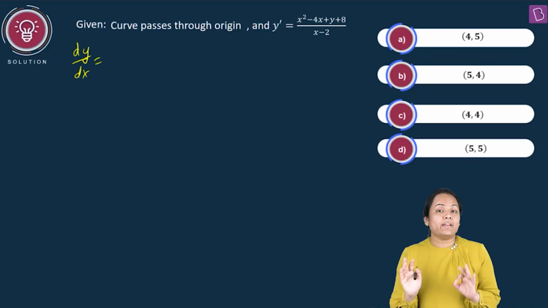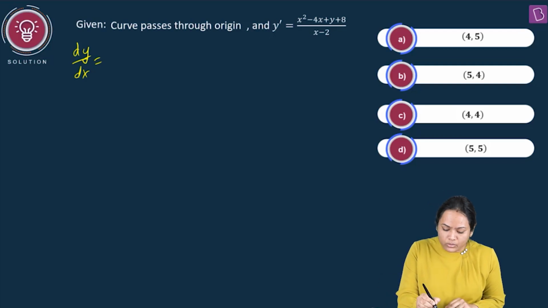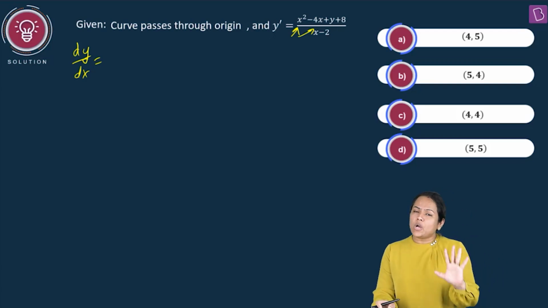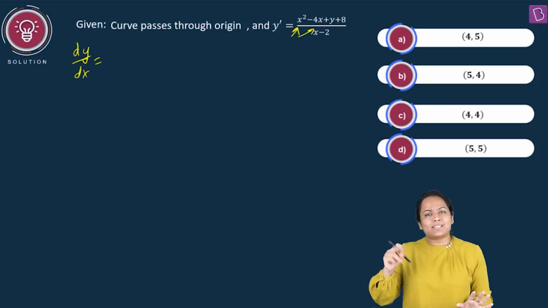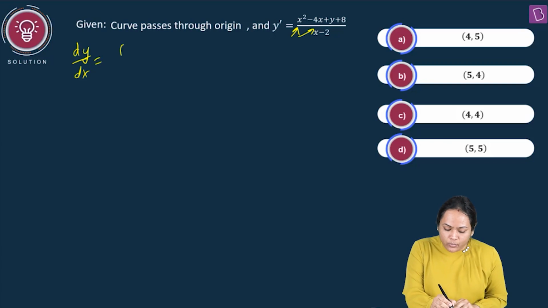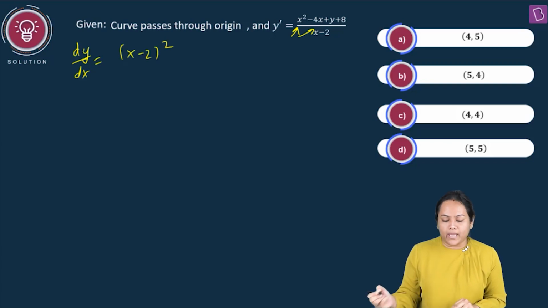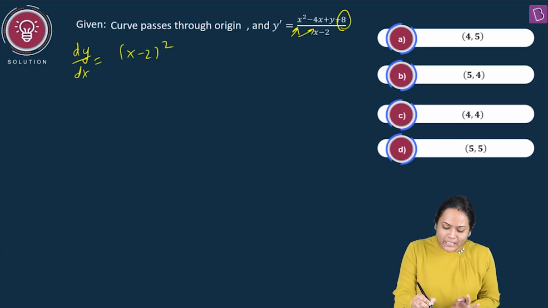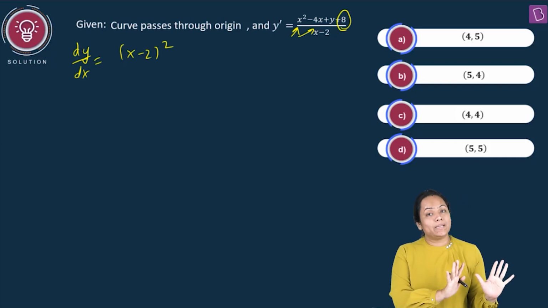If you look very carefully on the right hand side, you have two terms. One is x square, another is minus 4x. Now guys, x square minus 4x comes in a perfect square. Which perfect square is that? x minus 2 whole square, that's correct. So I'll write one term as x minus 2 whole square. So that means from 8, 4 has already been taken.